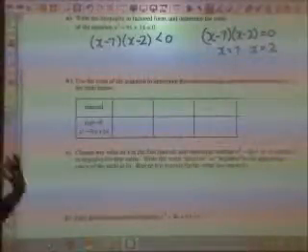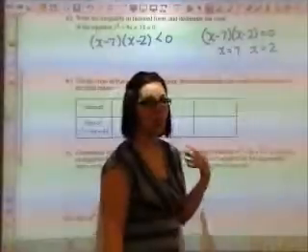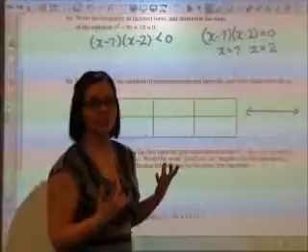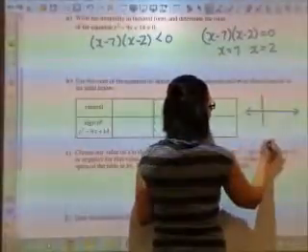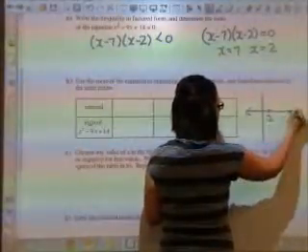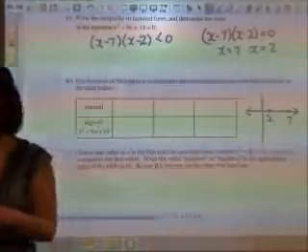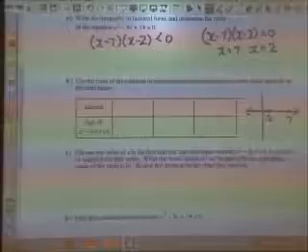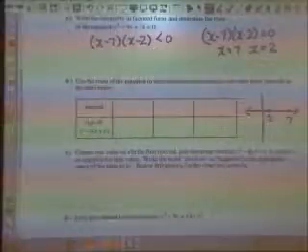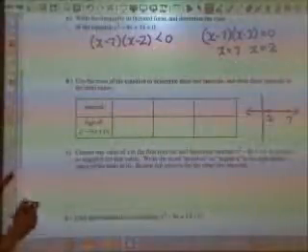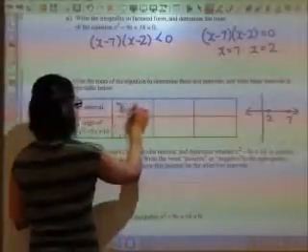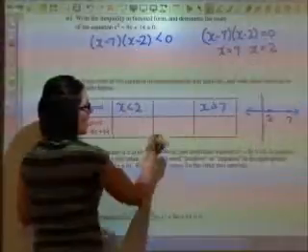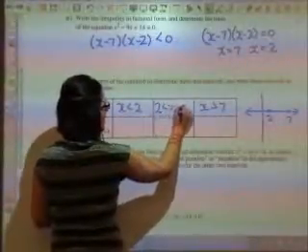If I picture what this quadratic would look like graphed, it is going to intersect the x-axis at 2 and at 7. Those become my anchor points in my test intervals. So I have all the numbers that are less than 2, all the numbers that are bigger than 7, and all the numbers that are in between.